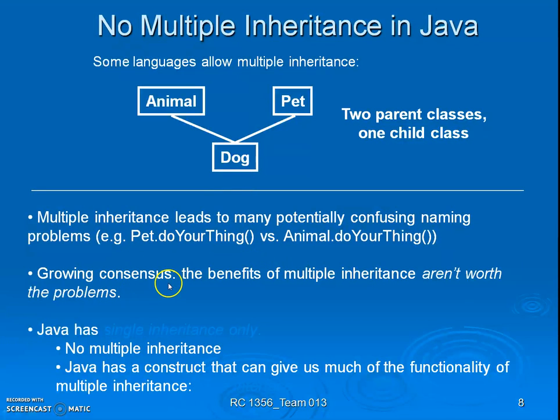So the consensus is that the benefits of multiple inheritance aren't worth the problems. Java has no multiple inheritance. Java has a construct that can give us much of the functionality of multiple inheritance.